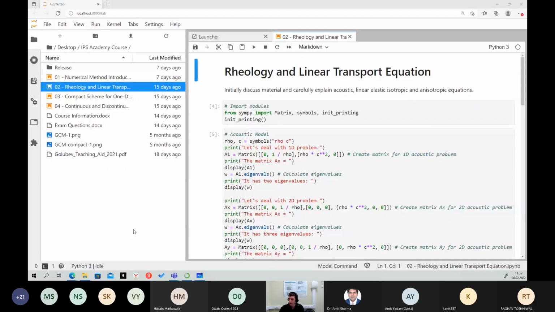So what you can see here: we have the acoustic model. For simplicity, we are dealing with a 1D problem. And I used SymPy here. This is a Python module, freely available, and you can download it easily.